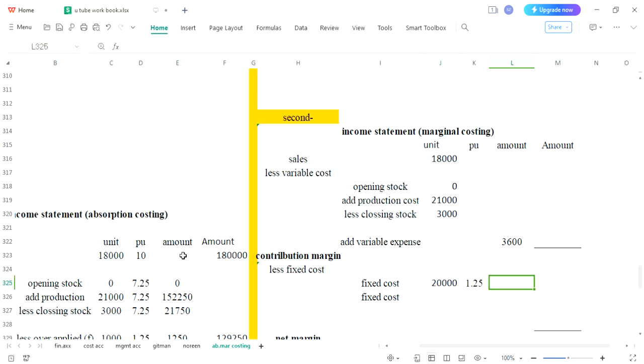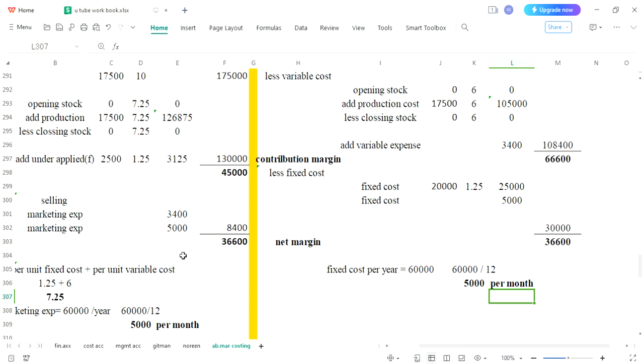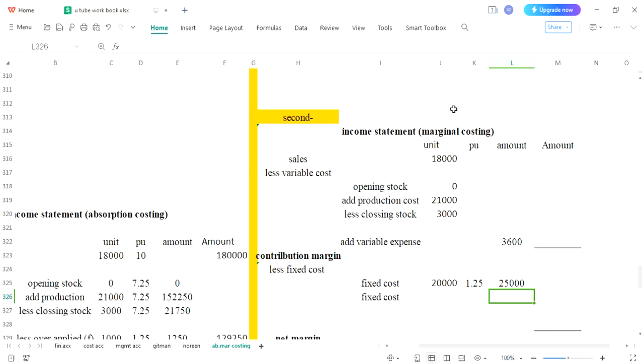So it means your fixed cost, units multiplied by per unit, is 25,000. Look here, this was your first part and you have written the same 25,000 while you were producing 17,500 units. And here in the second part you are producing 21,000 units, and again you are writing the same fixed cost. So fixed cost will remain the same and it would be shared by every time period.